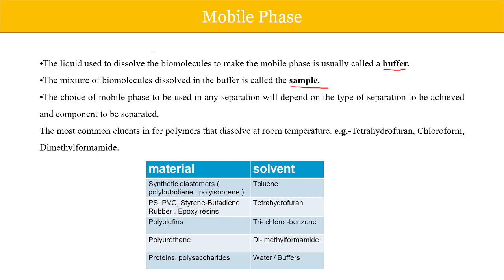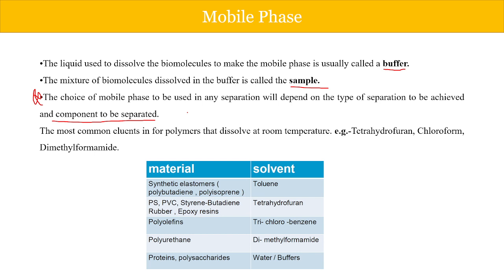Now the choice of mobile phase to be used in separation will depend on the type of separation to be achieved and the component to be separated. This is an important point, because of the choice of mobile phase, the pH of the buffer, whether you use a phosphate buffer or a Tris buffer, and how much salt the buffer should have.